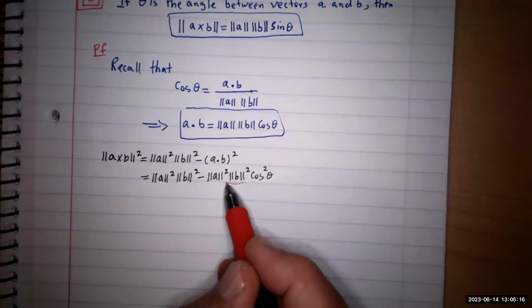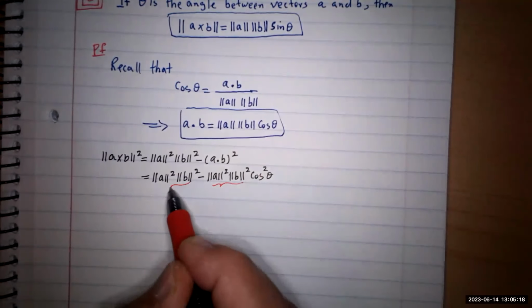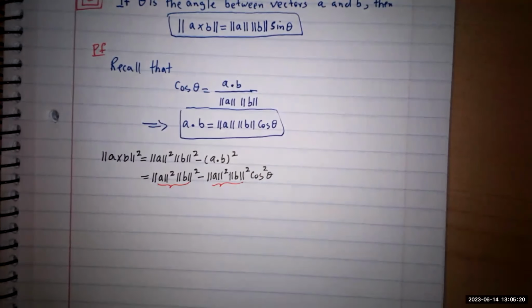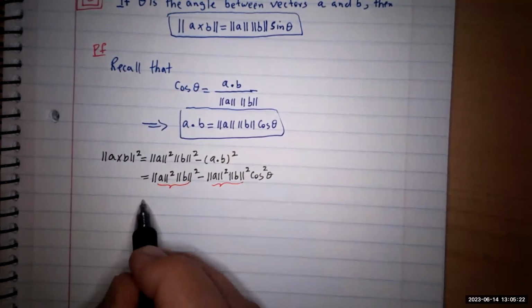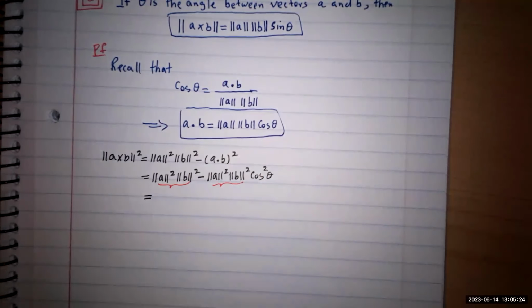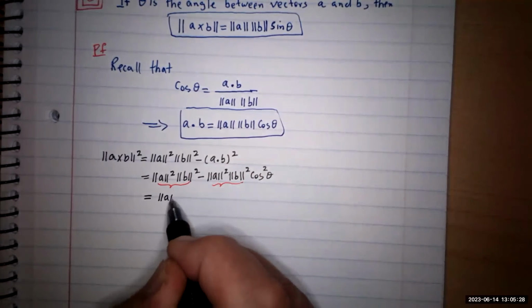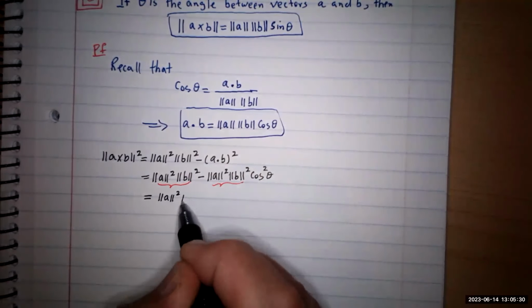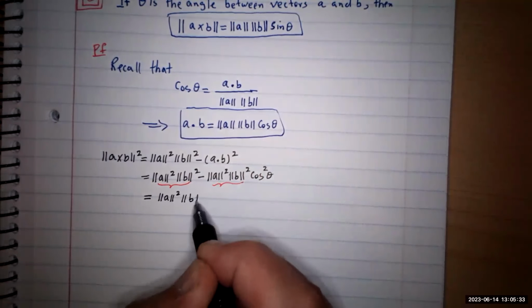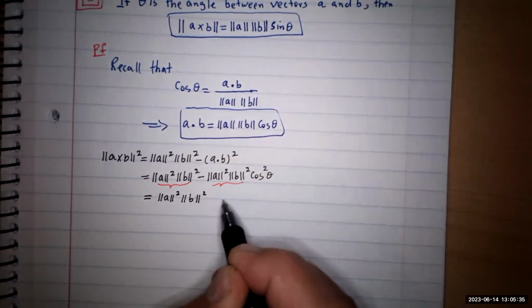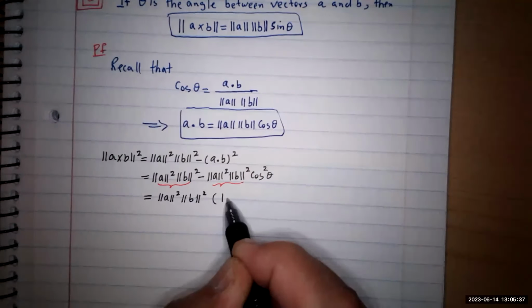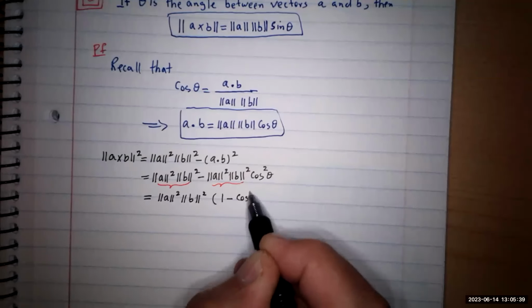So what can you do? Algebra. Common factor. Take this one out as a common factor. What's going to be the leftover? Norm of A squared, norm of B squared, and if you put it out, 1 minus cosine squared of theta.